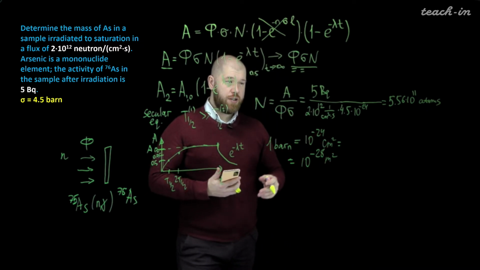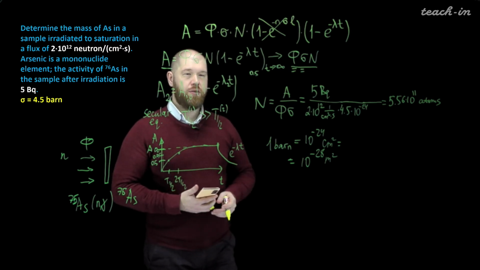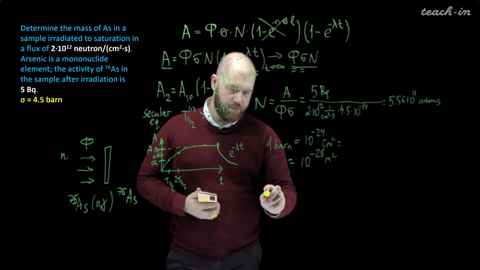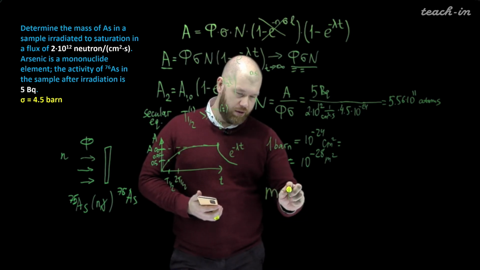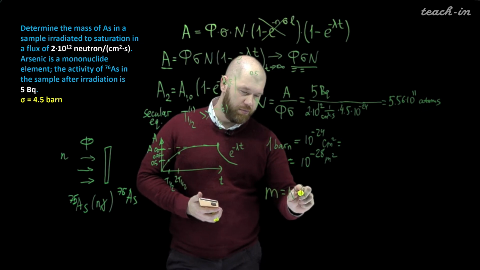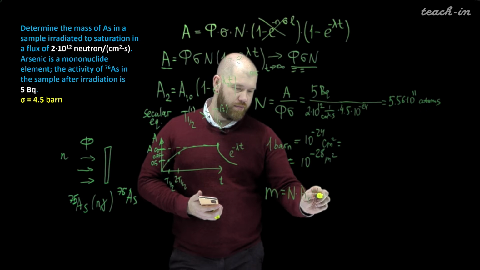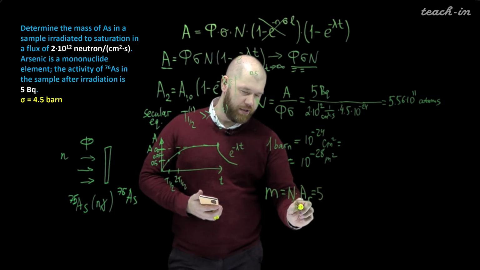Okay, but we need to determine the mass of arsenicum. In this case, the mass is the number of atoms multiplied by the atomic mass and divided by the Avogadro number.